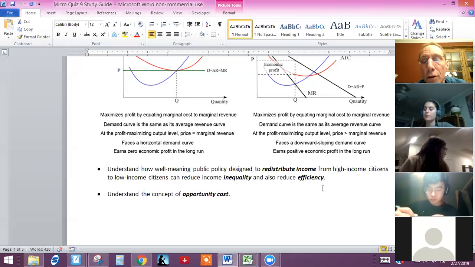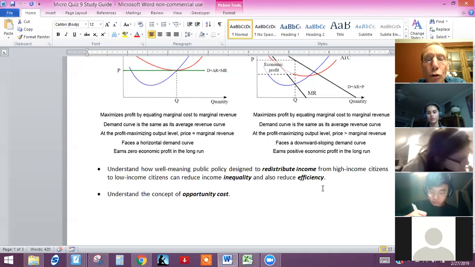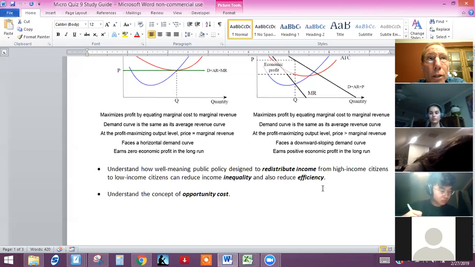So there's a tension between those two goals, because you want to reduce income inequality, but you also want to not reduce efficiency. And that's hard. Okay.